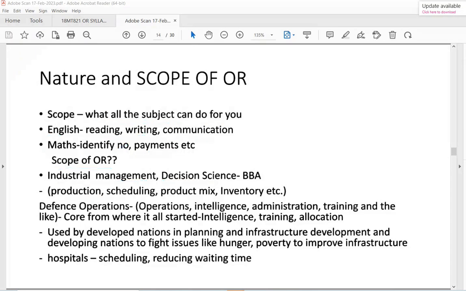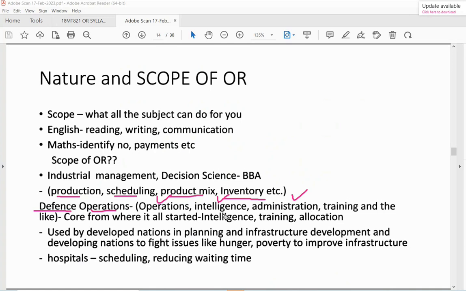No problem. Okay, it is used in industry from the production point of view, proper scheduling, then product mix, and the inventory point of view. Especially in case of defense operation, proper operation is to be taken care of with proper intelligence. Then that operation should be monitored by the administration.